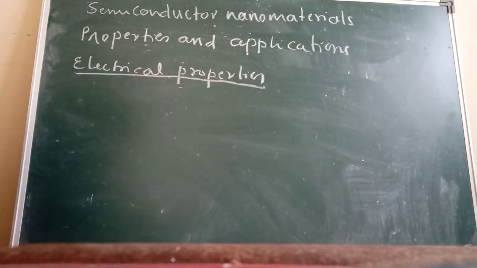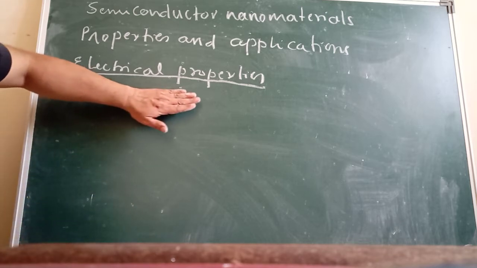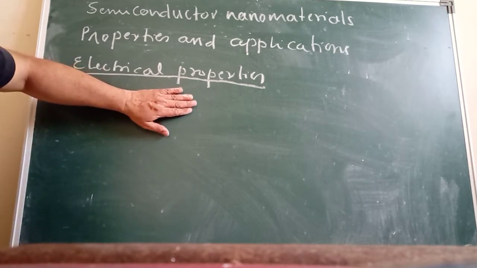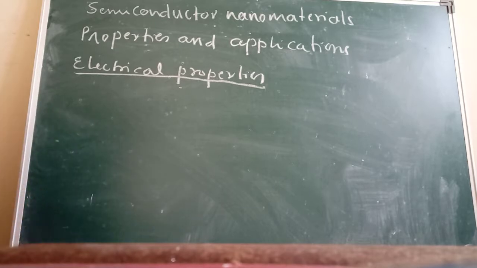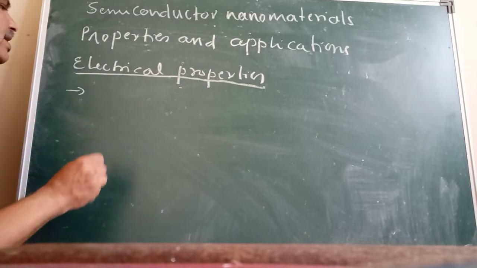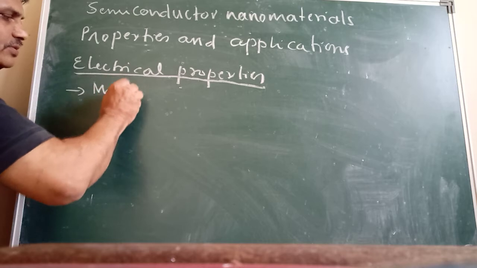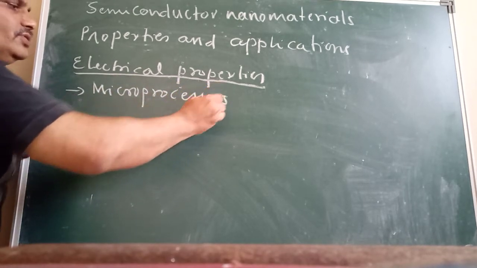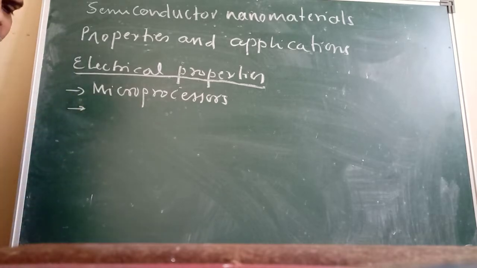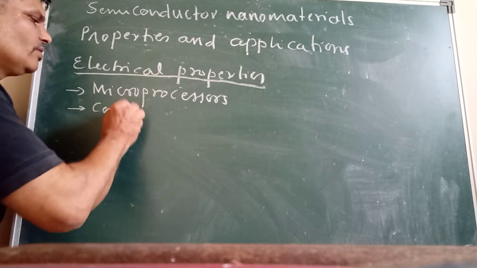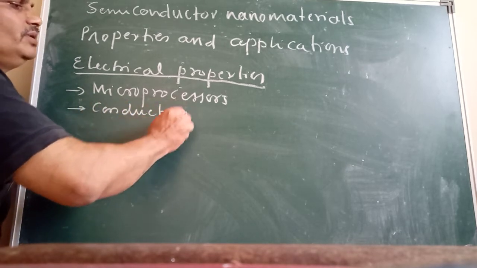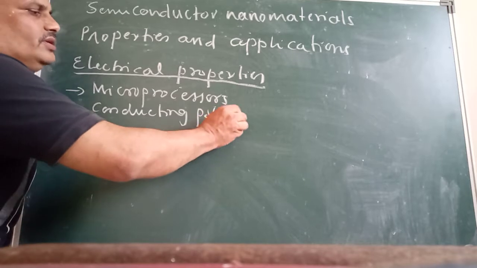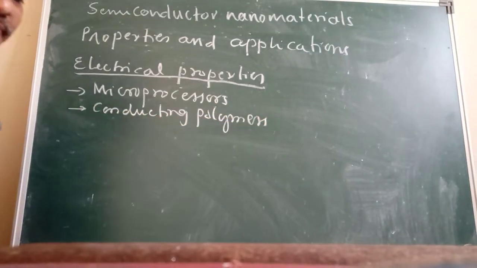Another one, let us consider. Due to these electrical properties, we get novel electrical devices like microprocessors, electronic devices, and another one, conducting polymers. This property is used in conducting polymers.